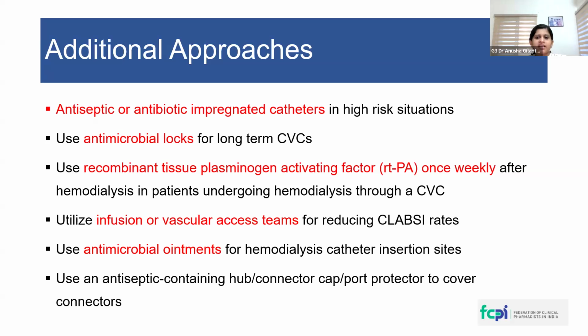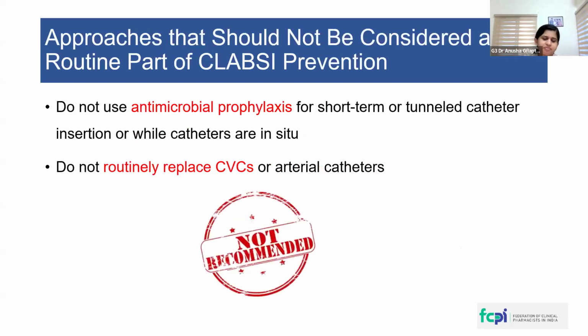And suppose the patient is undergoing hemodialysis, then you can give recombinant tissue plasminogen activator, and always use antimicrobial ointments if it is a hemodialysis catheter insertion site. And use an antiseptic-containing hub if it is possible, so that will reduce the rates of CLABSI. So these are the additional approaches which can be followed to prevent CLABSI.